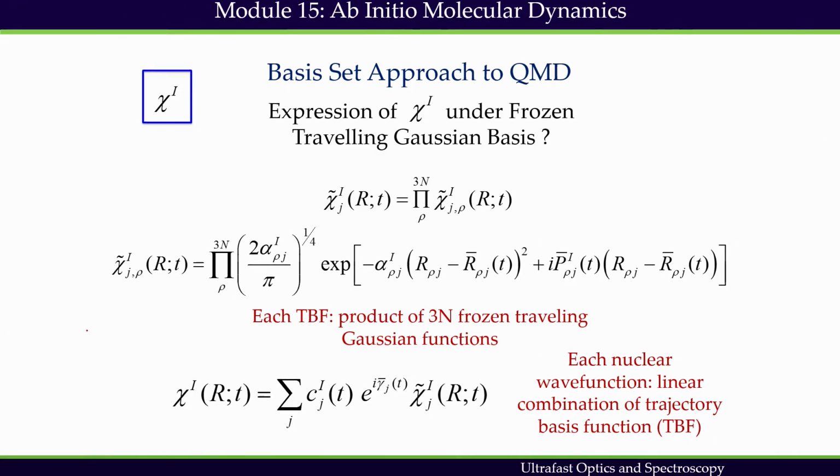Now, when we have, let us say, a one-dimensional Gaussian, one can think of the classical position of the atom represented by this point in space. This is, let us say, R space, and it has a certain width. So, this is the representation of the travelling Gaussian, which is travelling in R space.